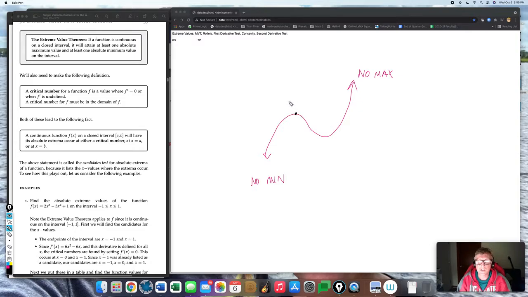So let's say that this is C, f of C. Okay, this is the biggest y value in the neighborhood around that point.